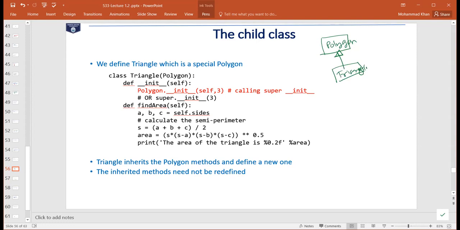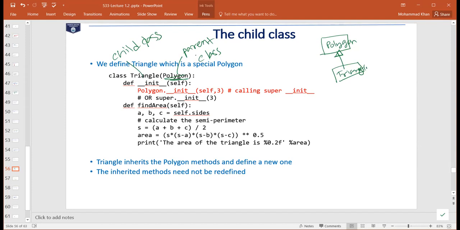If we want to declare that to Python, we basically give as a parameter the name of the parent class. So this is the child class. We are using a kind of parameter list to declare the parent classes.